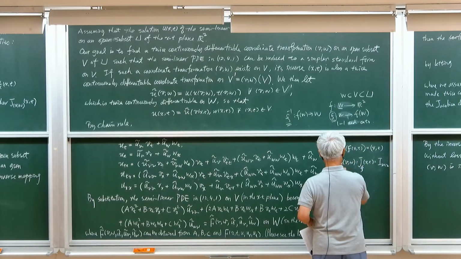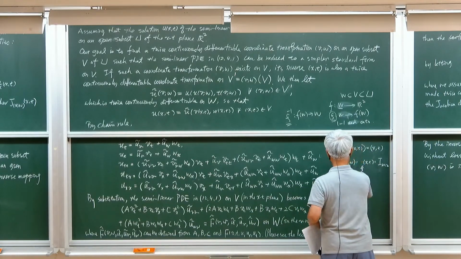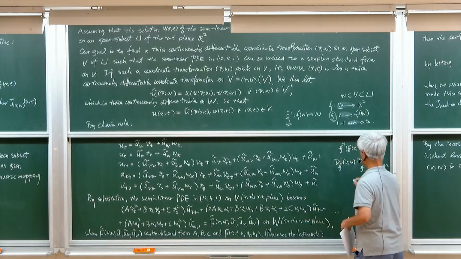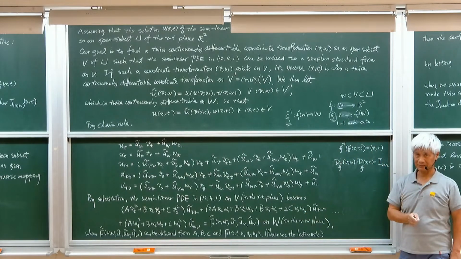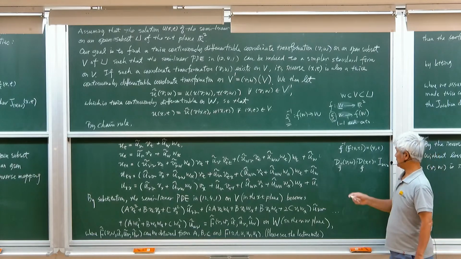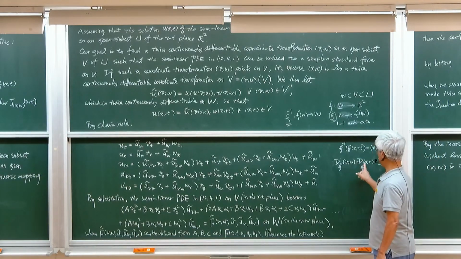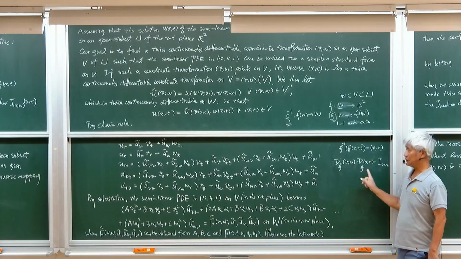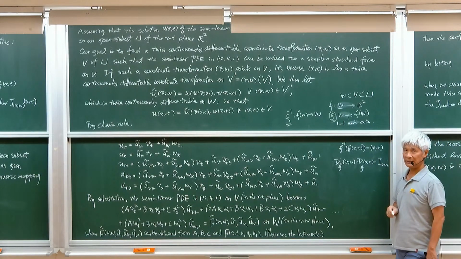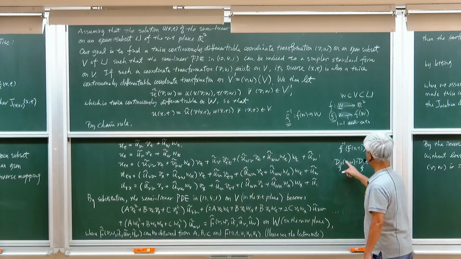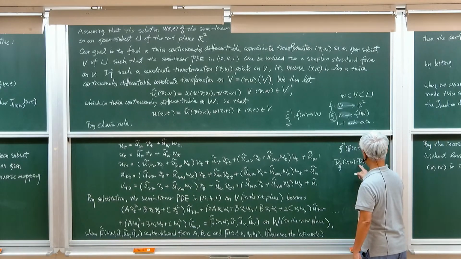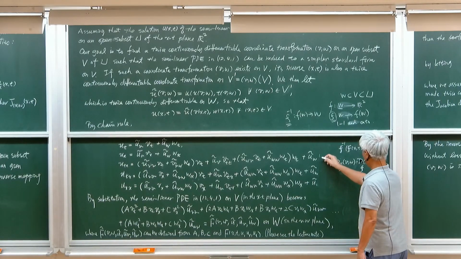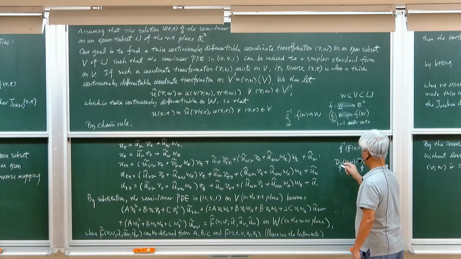Sorry about that. This is D, the Jacobian matrix. So this is the inverse matrix of the Jacobian matrix of F, because this is identity. Now you can do the differentiation, because this is finite dimensional.